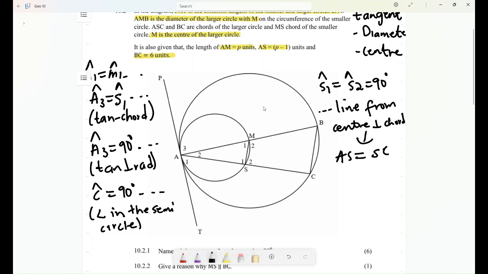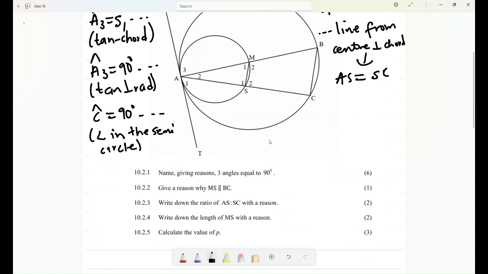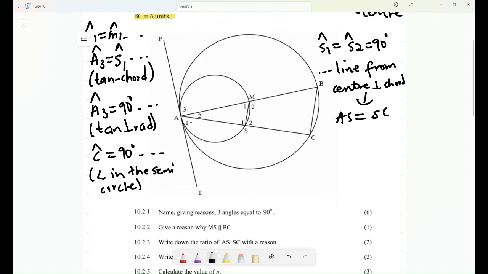This should be fairly easy because I think we have collected enough data. Name, giving reasons, 3 angles equal to 90. The first one is this one. Angle C is equal to 90. Why? Angle in the semicircle.